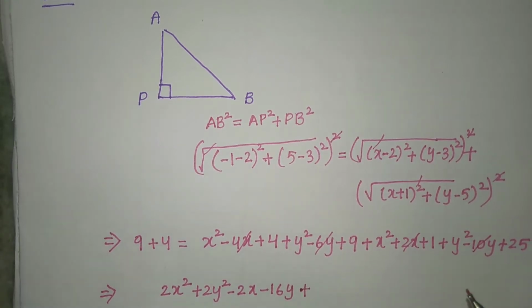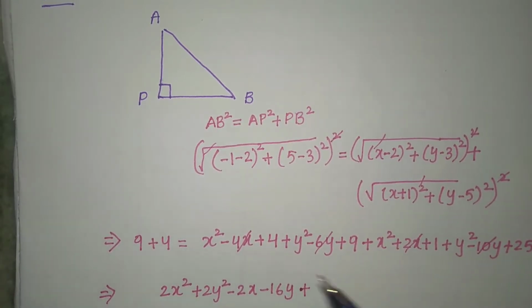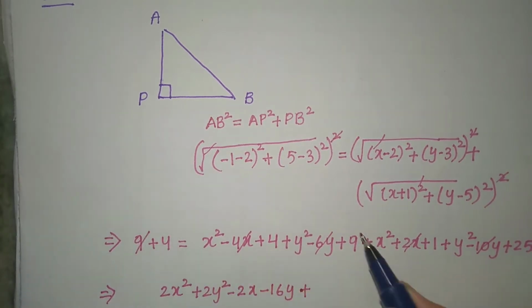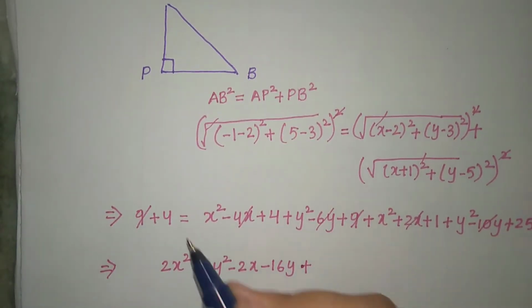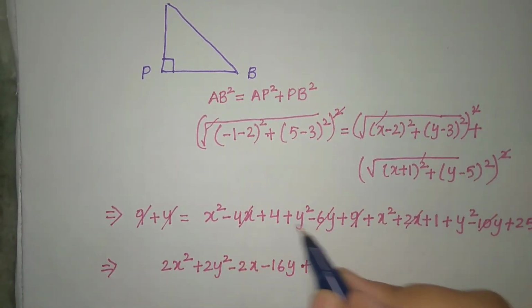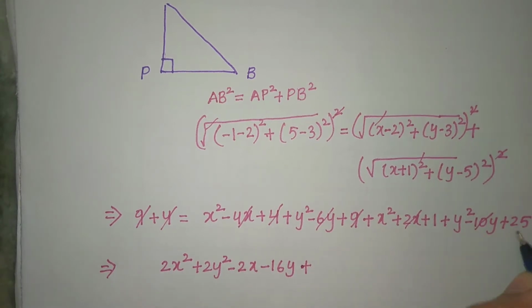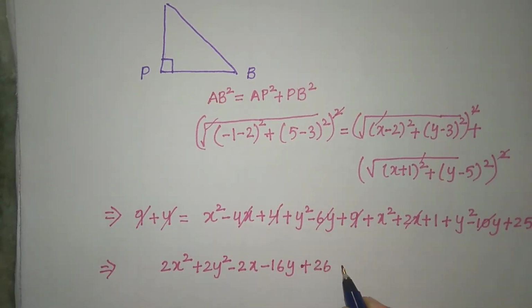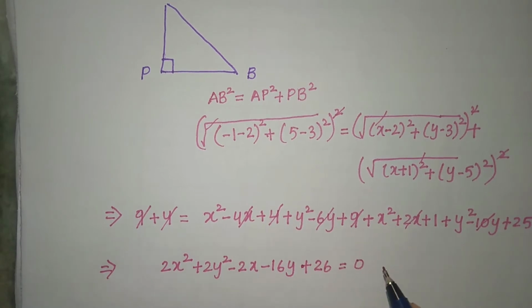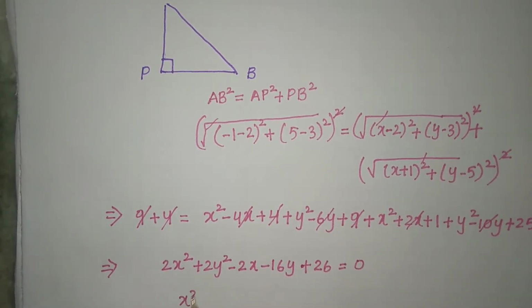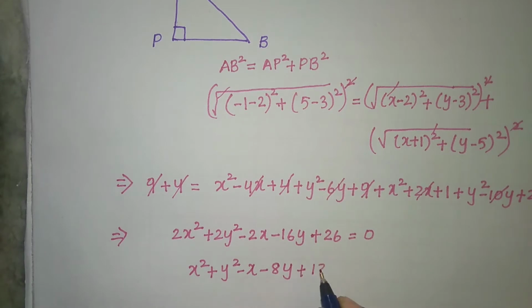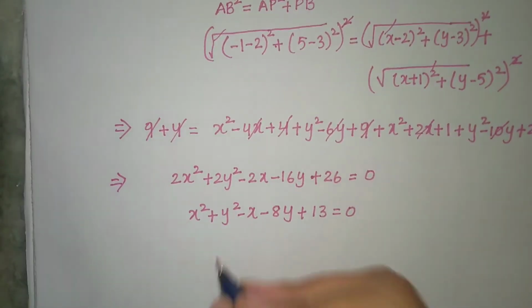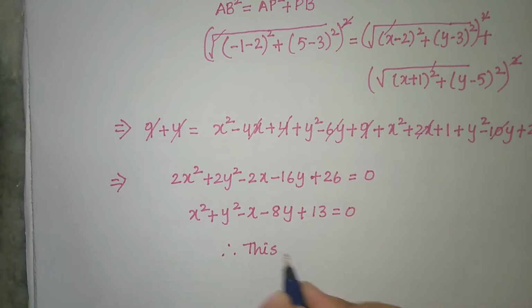Plus 9 will get cancelled because they are on the opposite side of the equation. So plus 4 also will get cancelled. Here we have 25 plus 1, that is 26, is equal to 0. So here you can take 2 common. So x square plus y square minus x minus 8y plus 13 is equal to 0. So therefore this is the required equation of the locus.